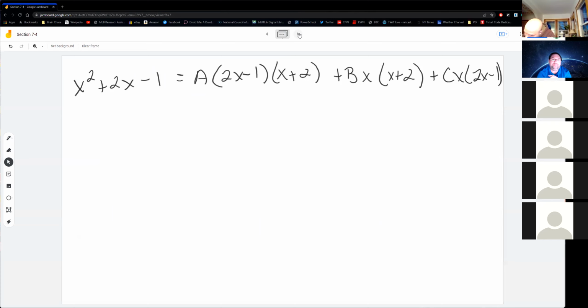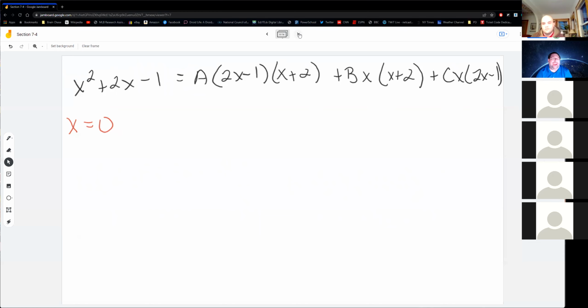If you look at the pieces that are there, if I plug in certain numbers, things are going to disappear for me, and I'm going to be left with just one letter. So I'm going to say x equals 0.